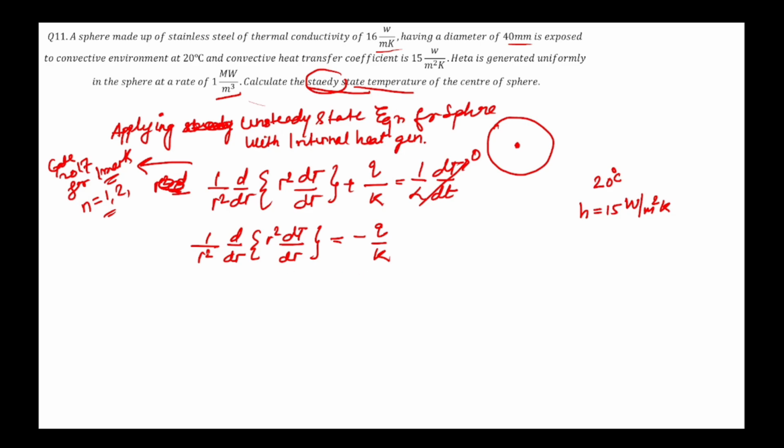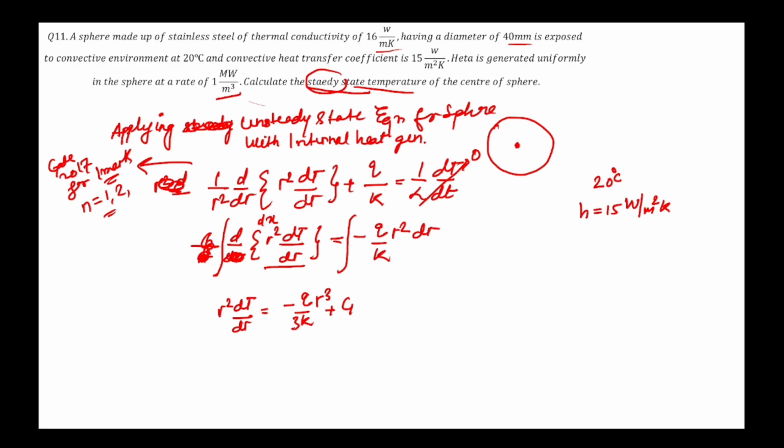Now taking r square to the other side, and dr here, and integrating: integration of dx is x, so r square dT by dr is equal to minus q by k into r cube by 3 plus c1.